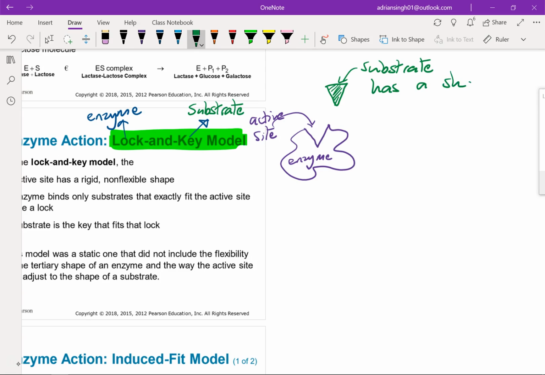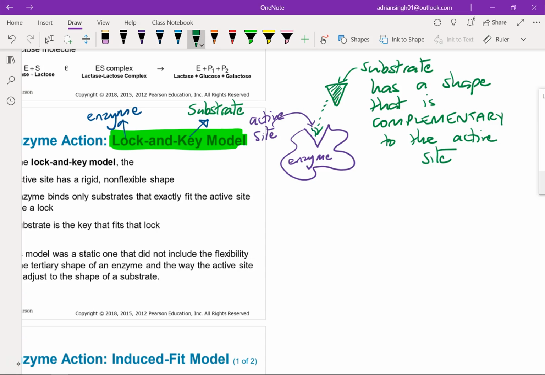Substrate has a shape that is, we say that it is complementary to the active site. Right, so this then is able to come in and fit right here into that little pocket. So there's only that shape, that key, that can fit into that lock. That's the idea behind the lock and key model.